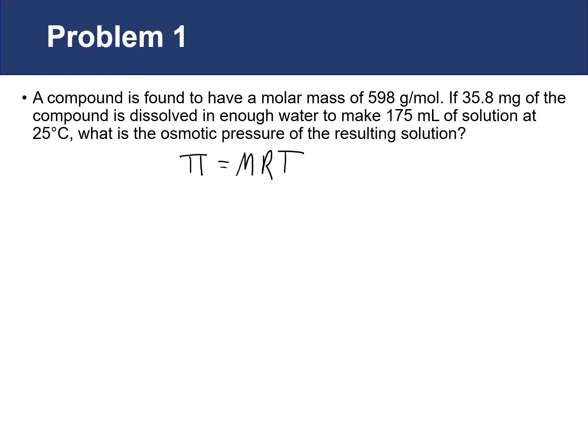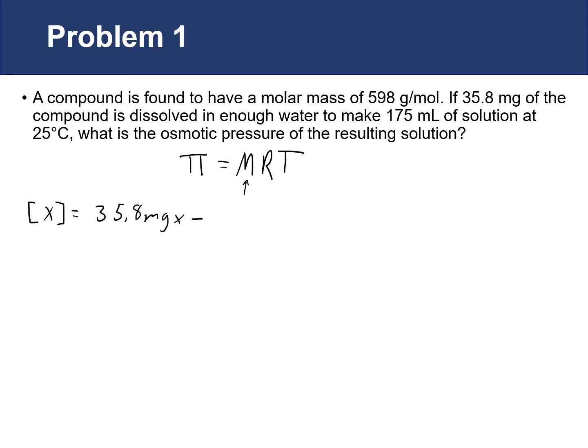To solve this, what we need to do is figure out what the concentration of our solution is. So our concentration of our substance, we'll call it X, is equal, we take 35.8 milligrams.